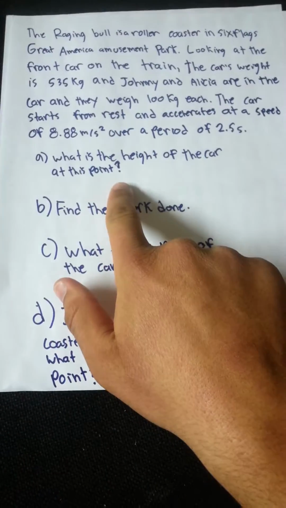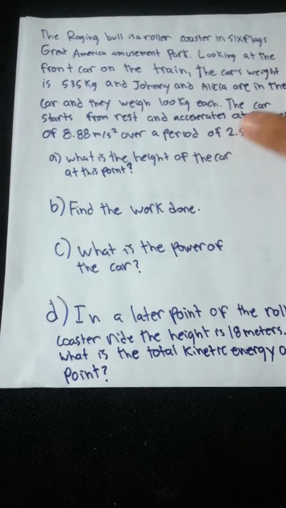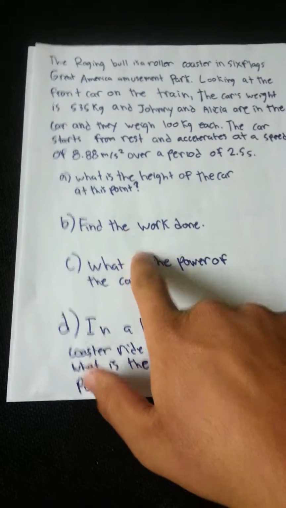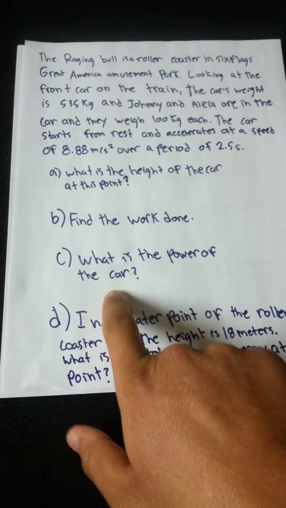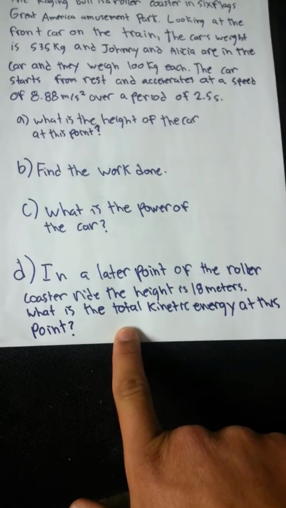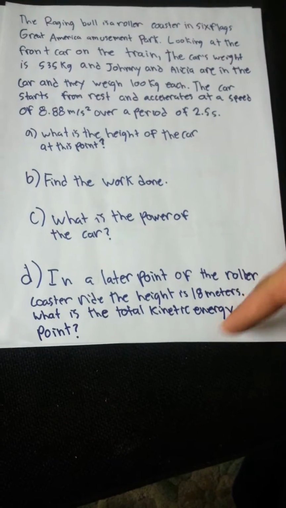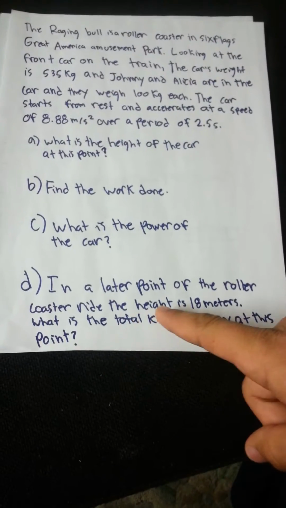Referring back to the first page. So, we solved A. We found the height of the car at the point given in the question. Then we found the work done, and we found the power of the car, and then we were even given a different scenario, and with just the height, we knew which variables to use, put them in, and then we solved for velocity.